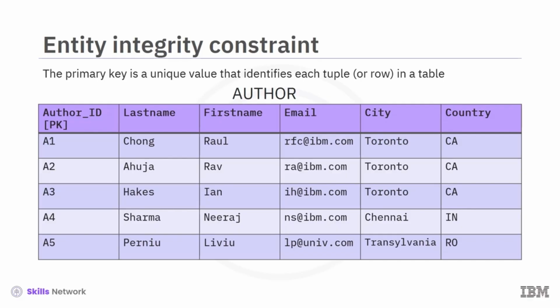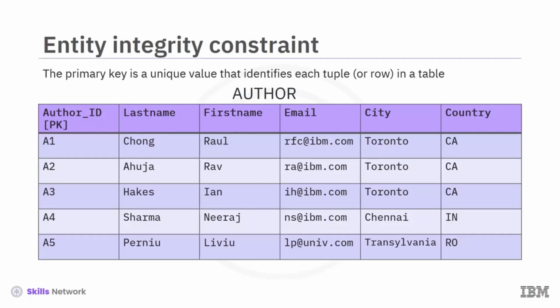To implement these constraints, indexes are used. According to the entity integrity constraint, no attribute that is a part of the primary key of a relation should have null values. The value null indicates that the value is unknown. In the entity integrity constraint, the primary key cannot have an unknown value.